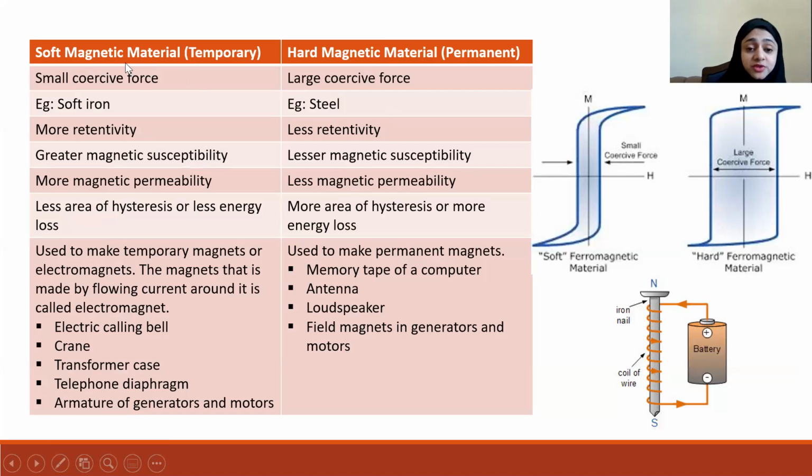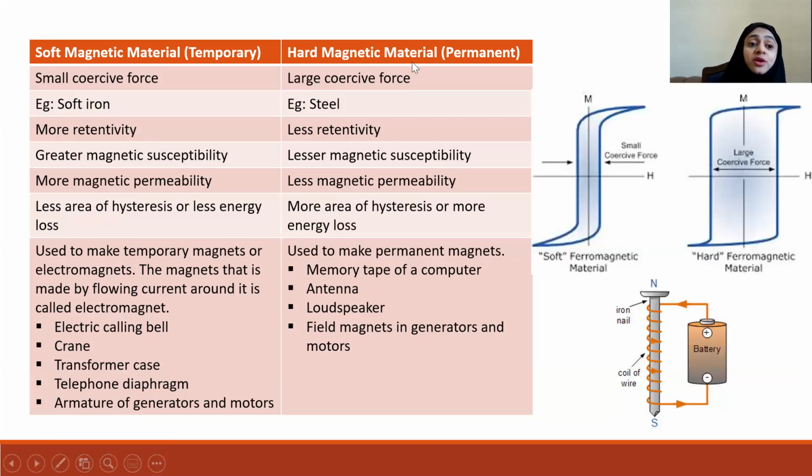Based on the shape of the hysteresis loop, ferromagnets can be classified as soft magnetic material or temporary magnets, and hard magnetic material or permanent magnets. In soft magnetic material, as you can see here, the hysteresis loop is thin, while in hard magnetic material, the hysteresis loop is broad, fat.